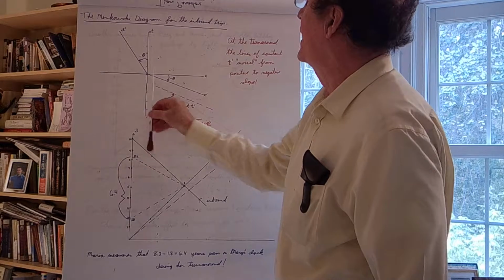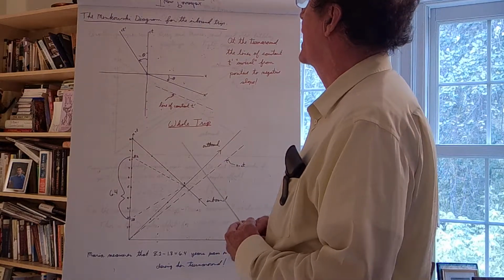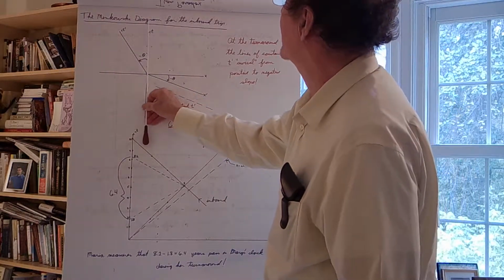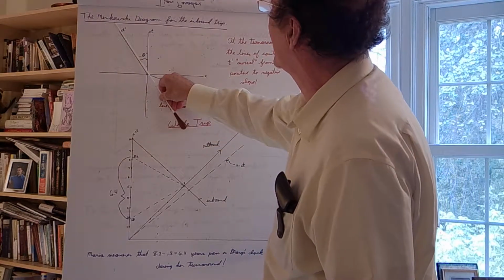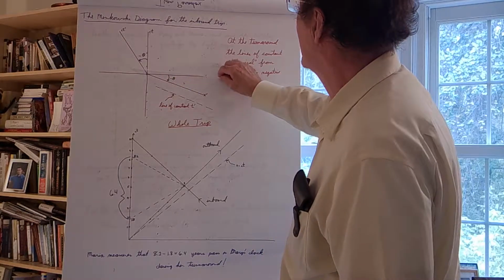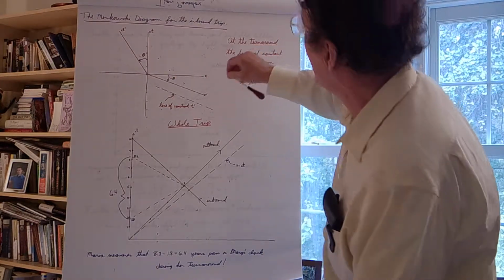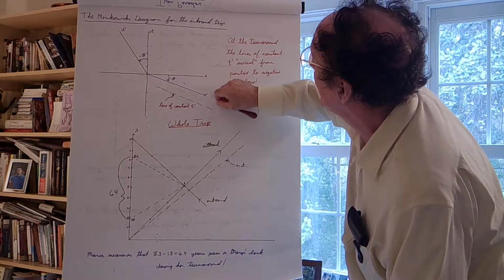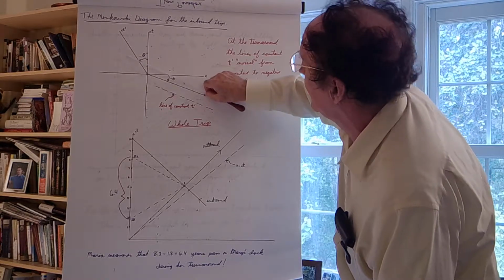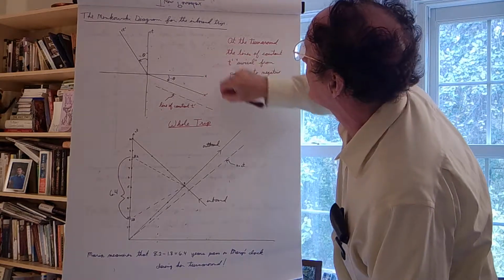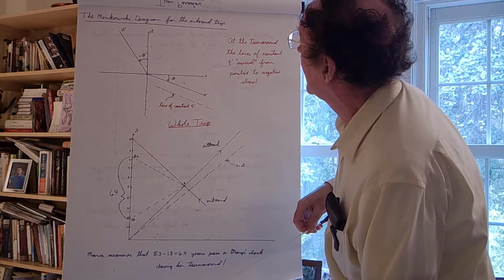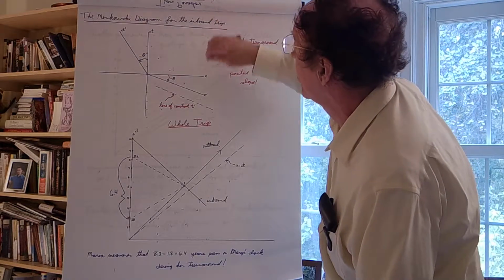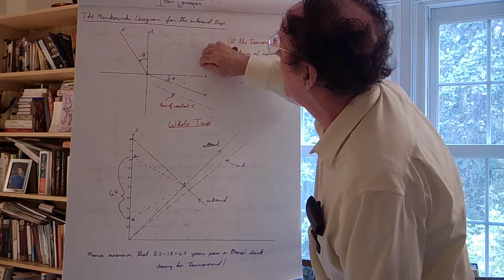Remember, if I make a Minkowski diagram with a frame S prime which is moving to the left, then the T prime axis swivels through an angle of minus theta, and the X prime axis swivels through minus theta, and so the lines of constant T prime are now parallel to the X prime axis and slope up, as compared to the first part of the trip, the outbound part, where the lines of constant T prime, as we saw in the previous picture, point down.